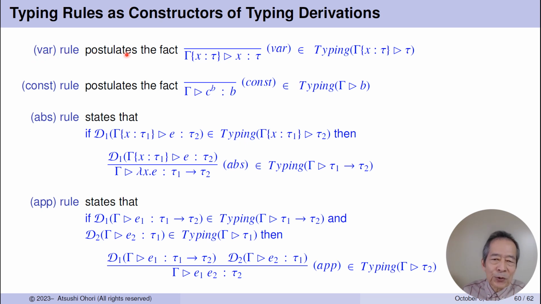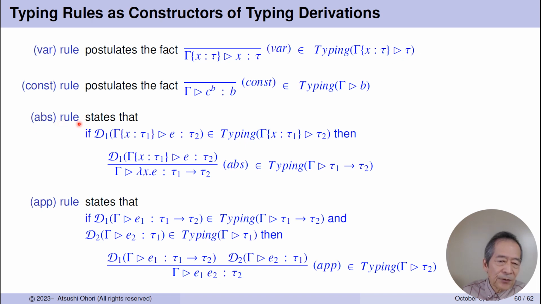The var rule postulates the fact that this one-node derivation tree is in this set. Similarly, the const rule postulates the fact that this one-node derivation tree is in this set. So this is an interpretation of axioms, right? An axiom adds a member to the corresponding set.